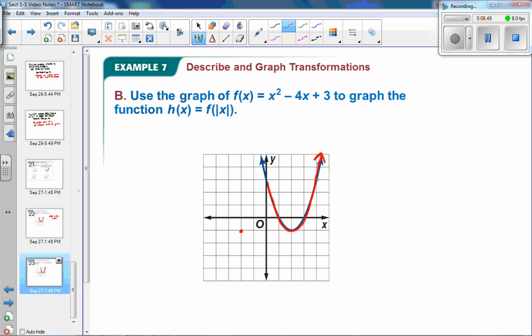This point, 4, 3, is going to reflect to negative 4, 3. I'm just doing these so I can get a better sketch. I probably will mess it all up anyway, but it's kind of hard to draw on here. Okay, that wasn't too bad. So that portion gets reflected across the y-axis, and we end up with this graph that I have in red.